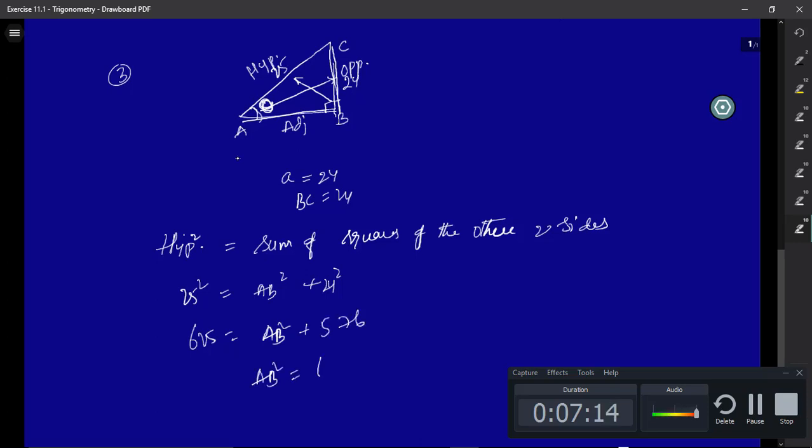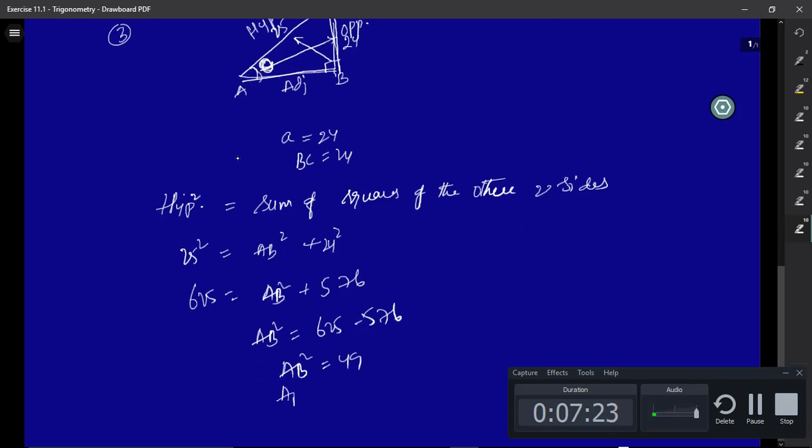So AB square is 625 minus 576, which is 49. Square root of 49 is 7. So I now know that AB is 7 centimeter.